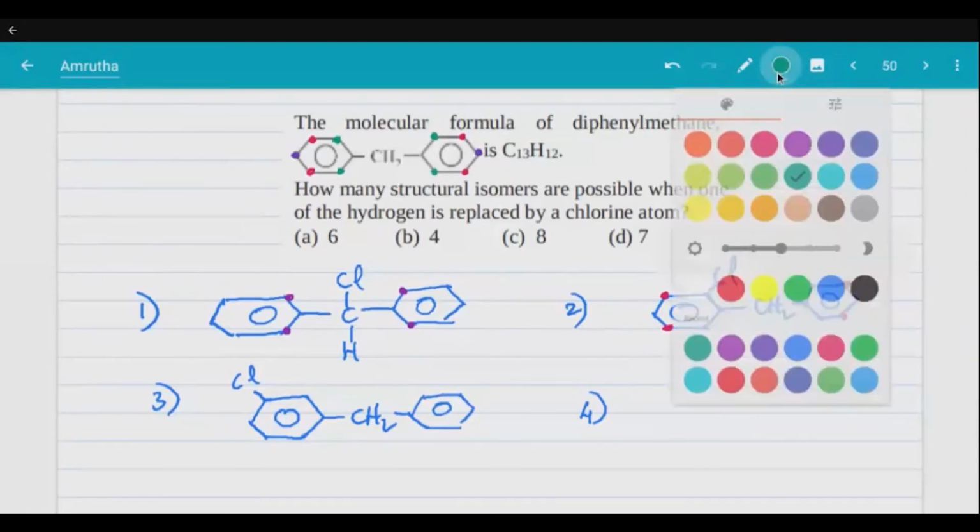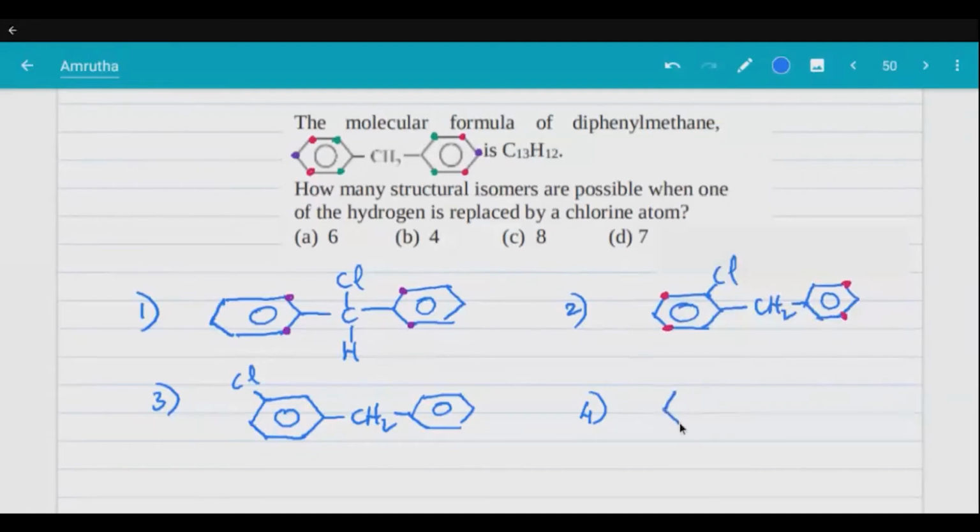Okay. Now, what is another isomer? This one. Chlorine, CH2. So how many maximum structural isomers by replacing hydrogen here? B, 4. Just look at this.